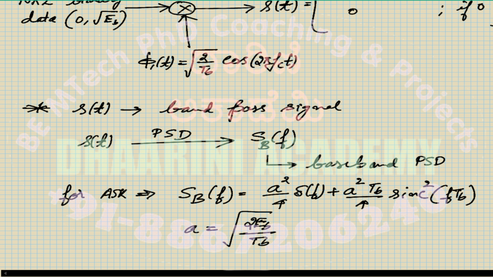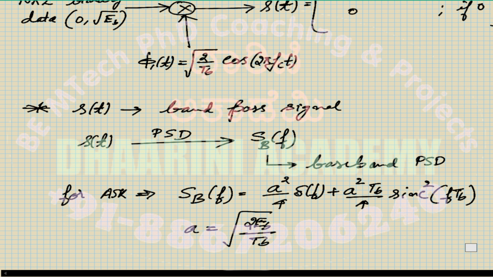Anyway, that's the original Fourier transform. But since we are not looking at the Fourier transform here, and since we are looking at the power spectral density, we get a delta of F. Okay, that's the first thing. And the second thing, the sinc function comes into picture because we have rectangular functions present in the time domain, right?